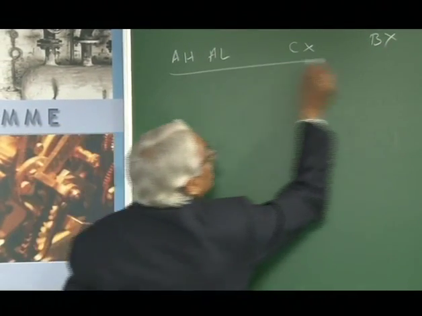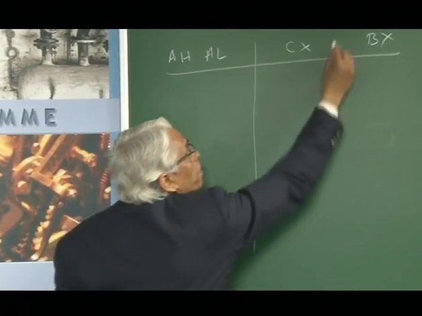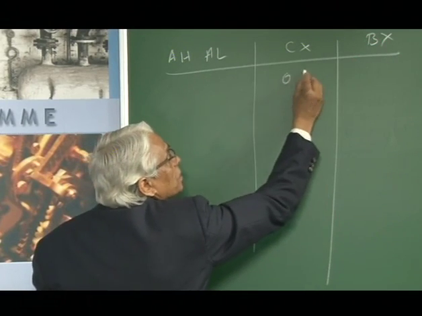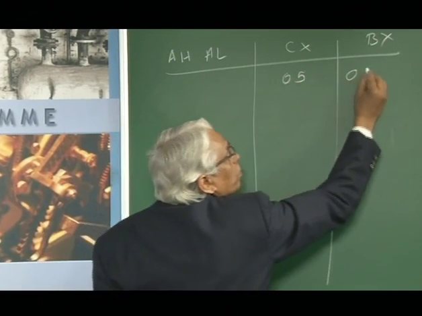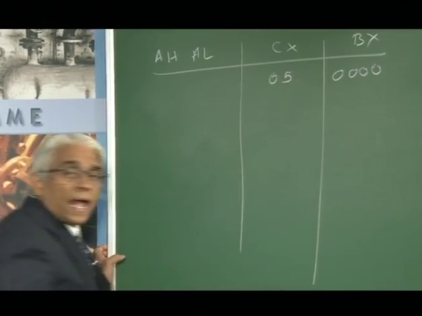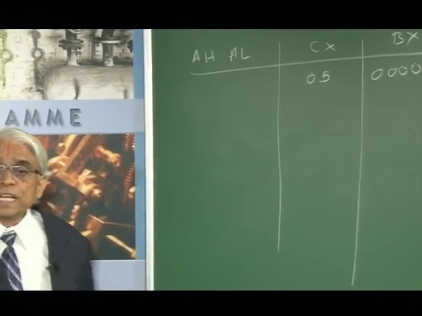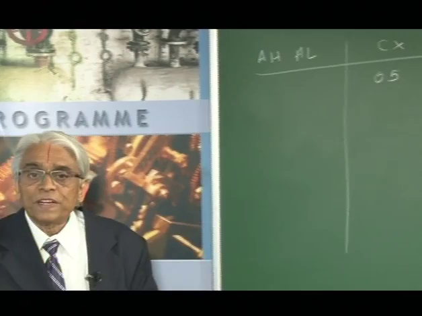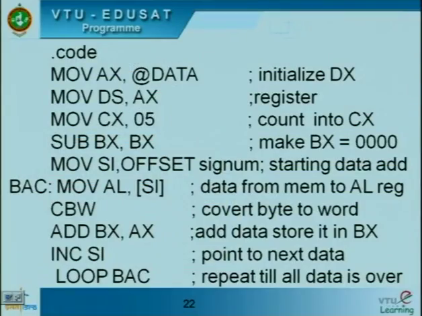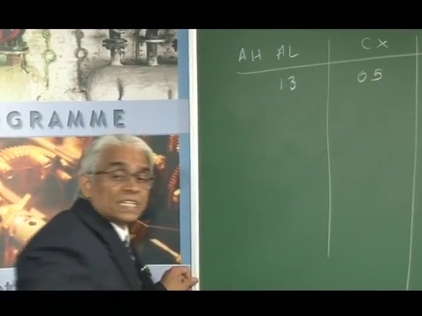To start with, the first data brought into the CX register is 05, BX is made equal to 0000 hex, and the AL register is loaded with the first data, which is plus 13. I am considering all the data to be hex because it's convenient to perform.